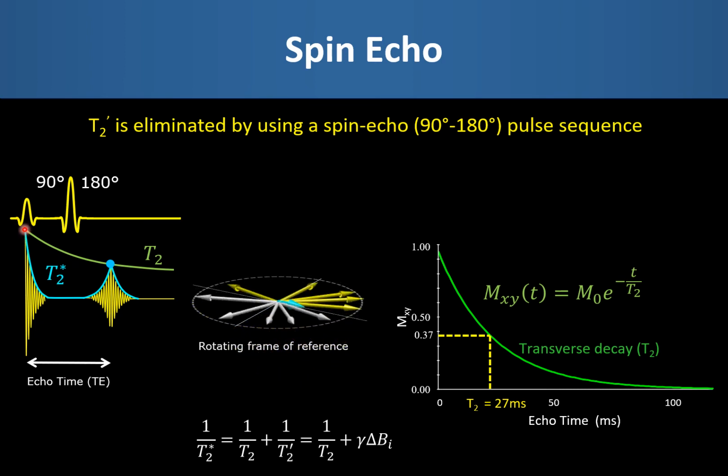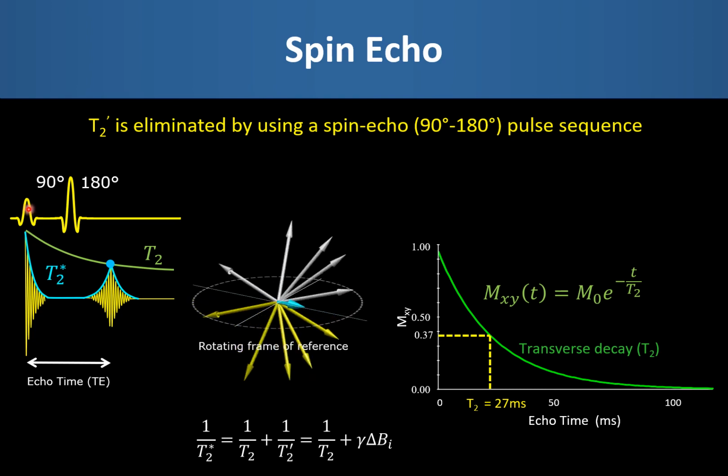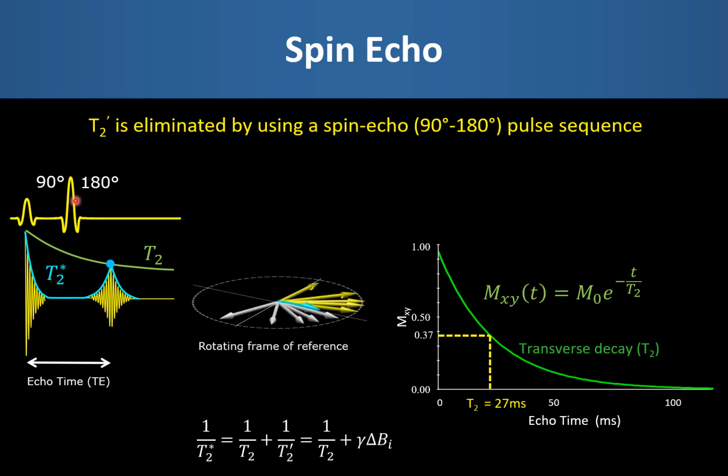Clearly we've got some loss in amplitude, but that's due to T2 decay, and that is irreversible over the time scale of this experiment, whereas the static field non-uniformities that give rise to T2 prime have not changed over the time scale of this experiment. So therefore the amount of dephasing is matched by the identical amount of rephasing if we have the 180 symmetrically placed between the 90 and the echo.